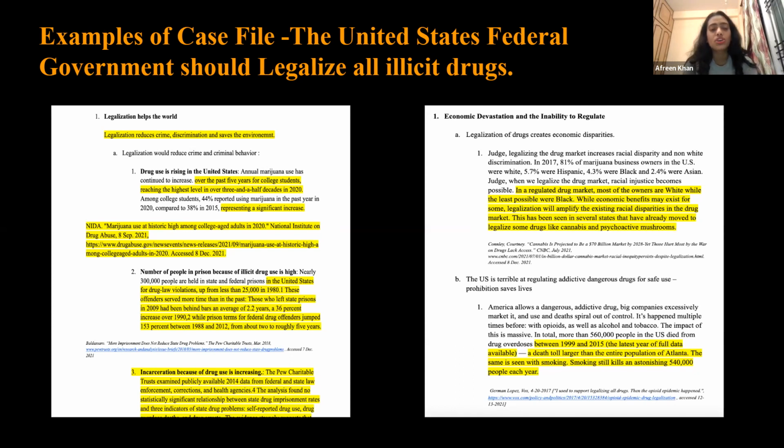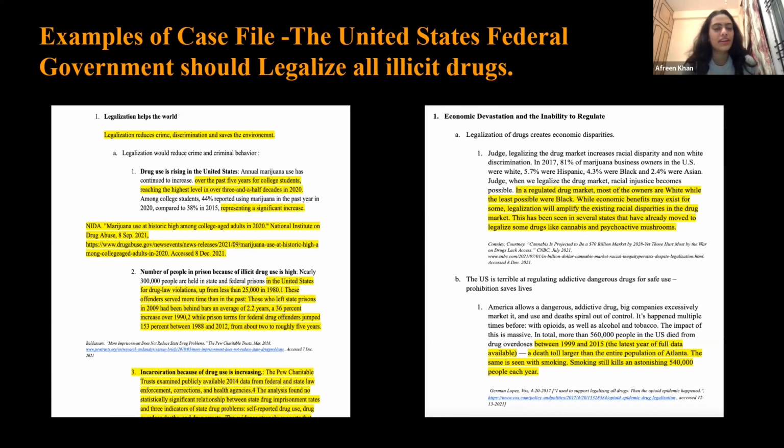And then they have quoted the exact place where they got this research from. It says NIDA, then the article name, and where they got it from. I think this case file has used Blue Book citation, but try to form the arguments on the evidence with the format that I have given, because it's much more handy.